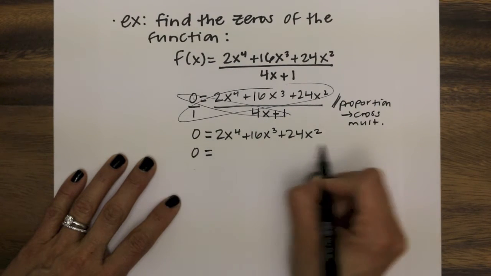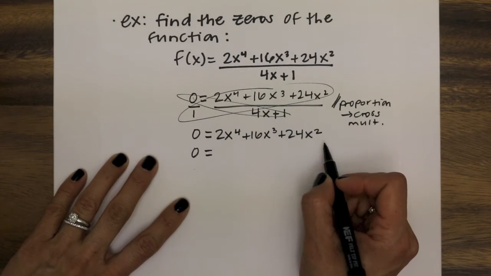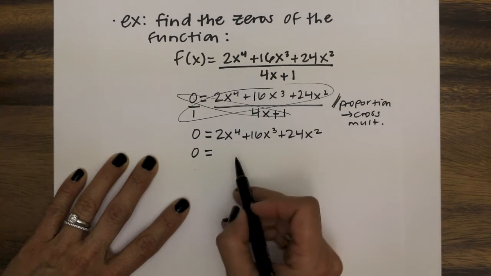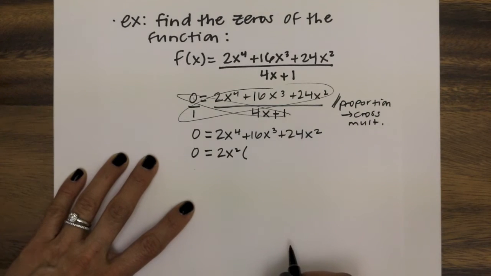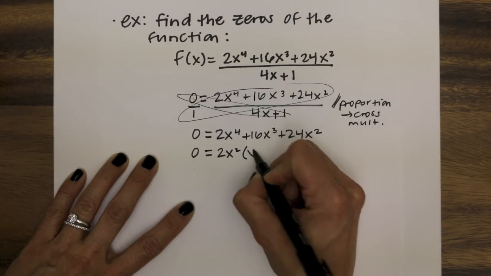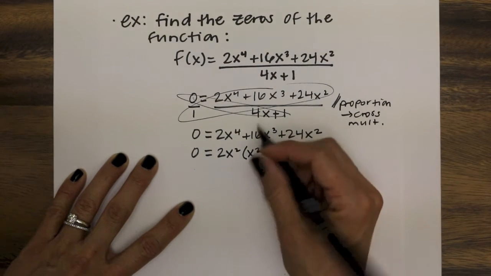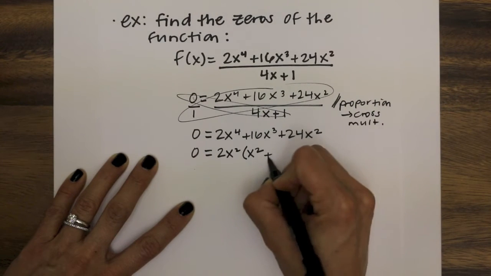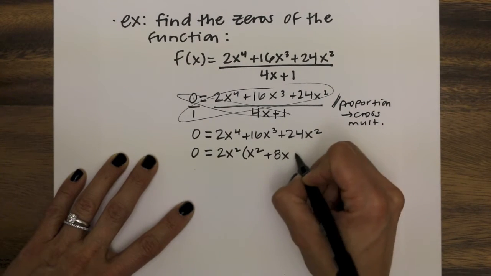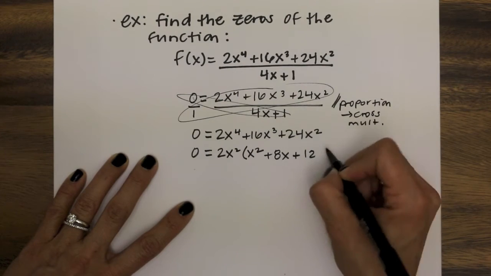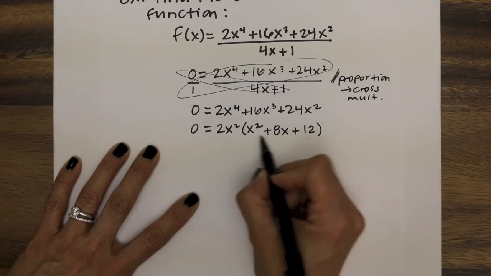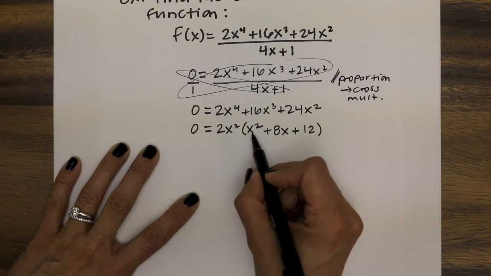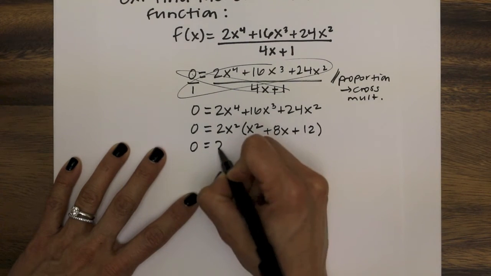At this point, in order to solve the equation, we're going to look at factoring. So on this right side of the equation, we're going to factor out the greatest common factor, which would be 2x squared. When you factor out 2x squared from every term, you're left with x squared plus 8x plus 12. Always then look to see if what's left inside of your parentheses will factor further.